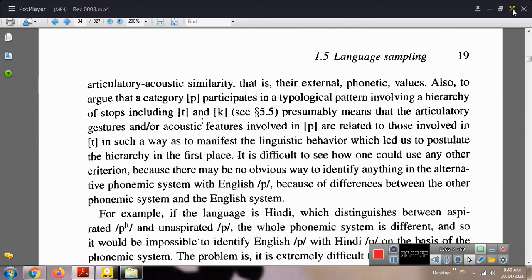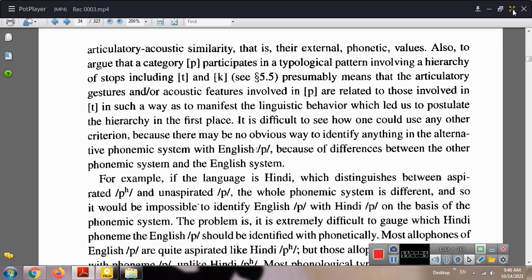Also, to argue that a category P participates in a typological pattern involving a hierarchy of stops including T and K presumably means that the articulatory gestures or acoustic features involved in P are related to those involved in T in such a way as to manifest the linguistic behavior which led us to postulate the hierarchy in the first place.